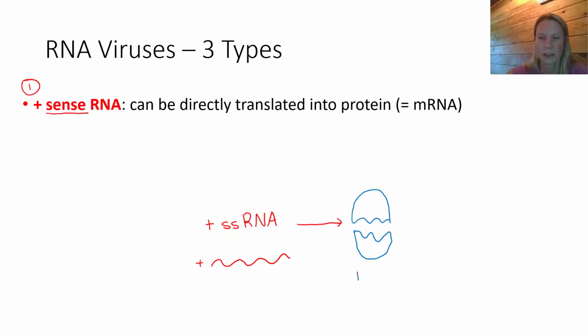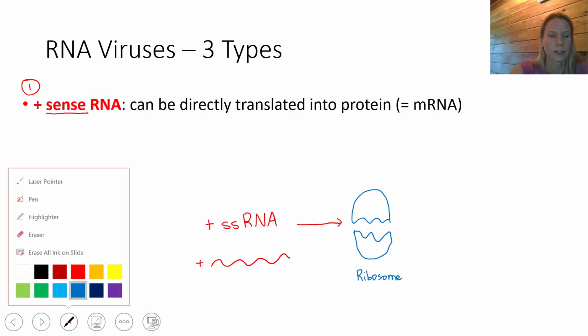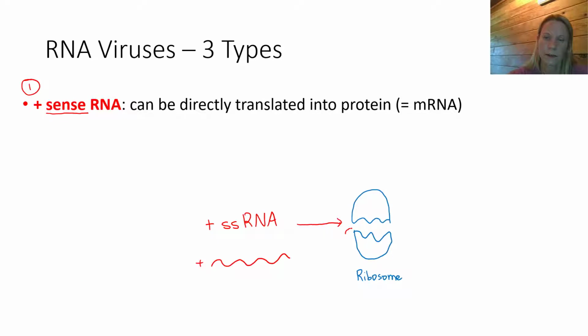So here we have pictured the cell's ribosomes, and we're going to show that the viral positive-sense RNA is being used as mRNA. So it's essentially mRNA.